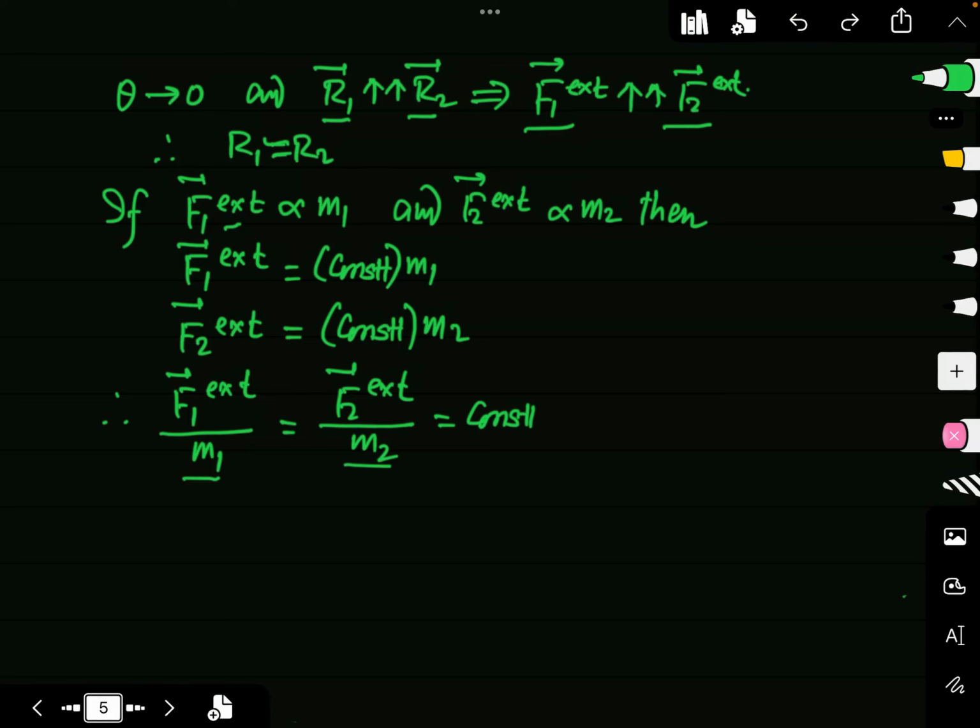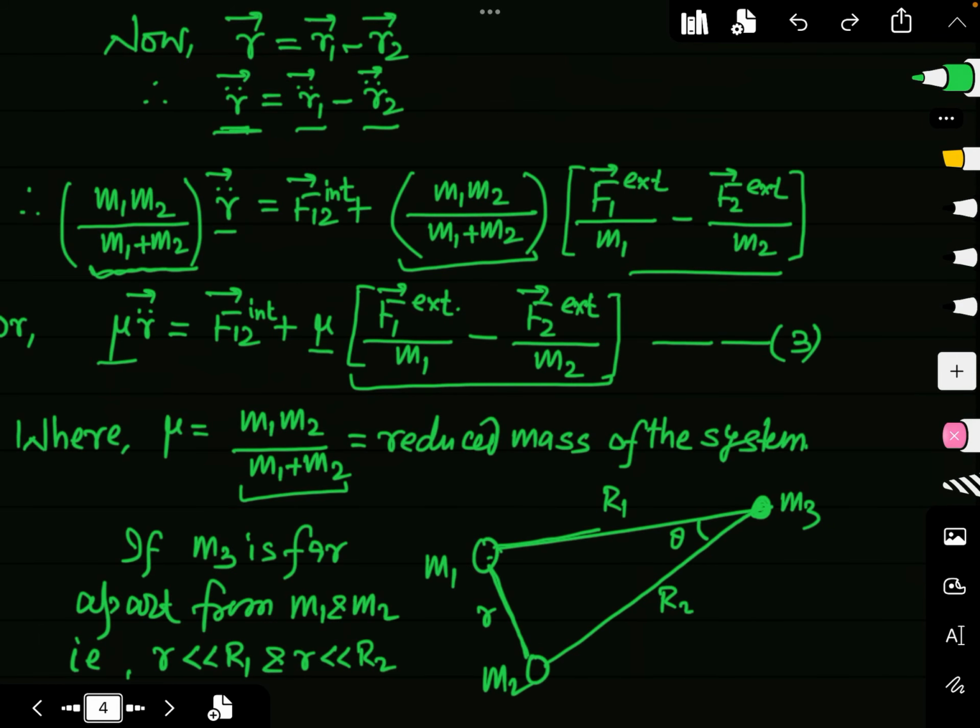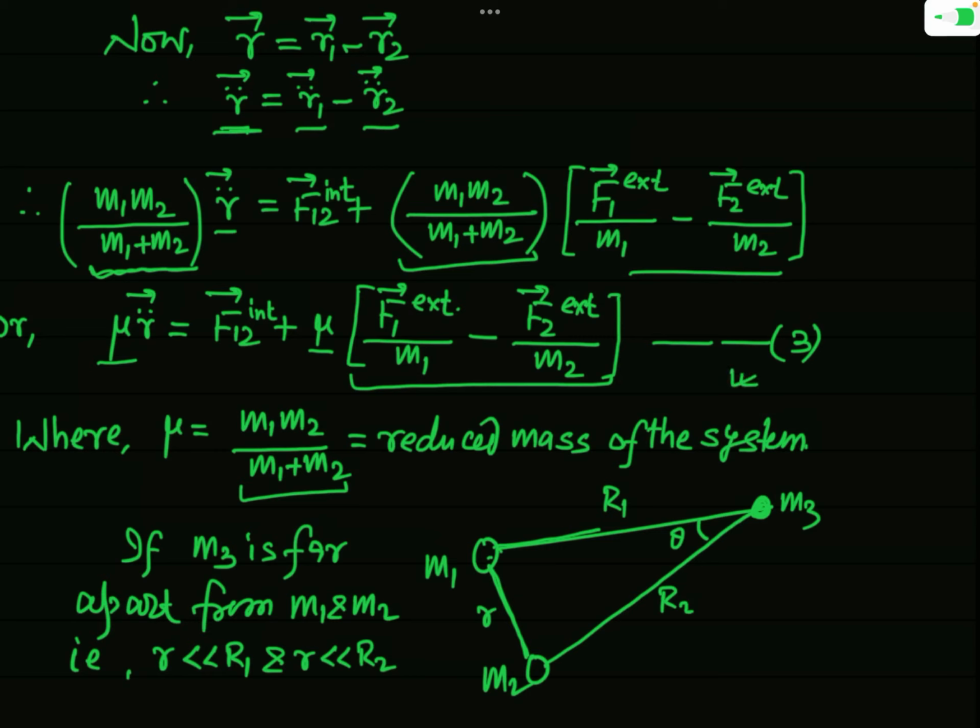So in this condition, when these two conditions are satisfied, what will be our equation 3? You can see here, in equation 3, the second term in the RHS is F1 external by M1 minus F2 external by M2.